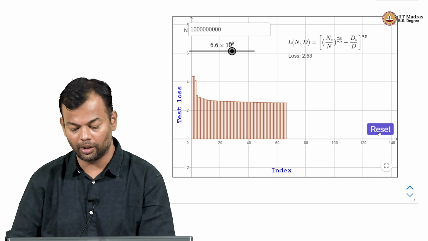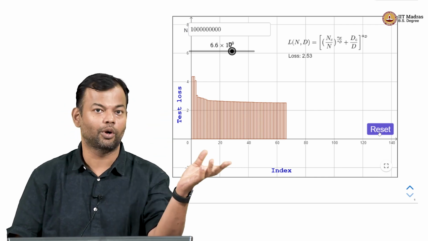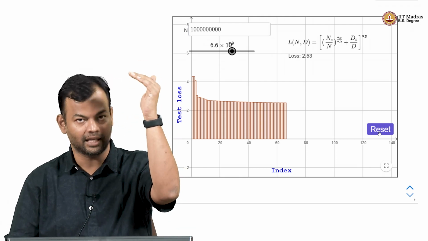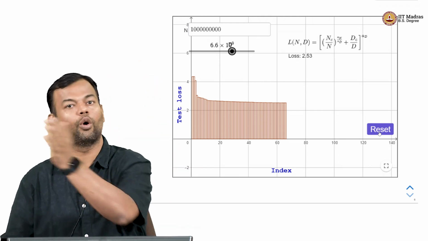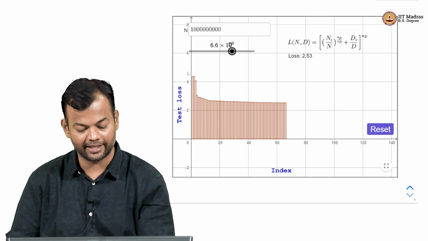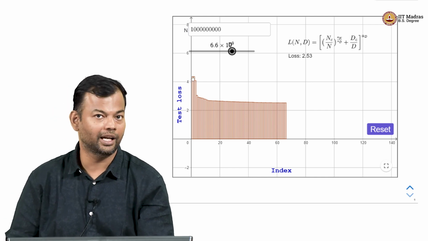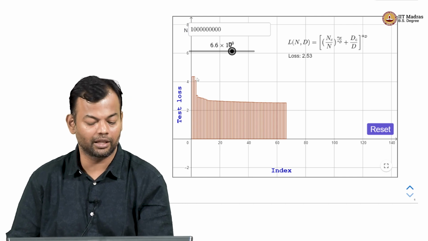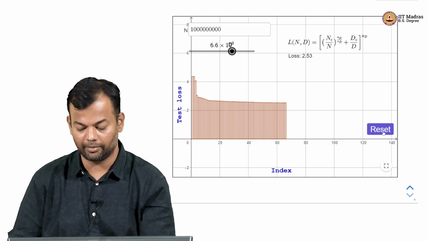So that's what happens with this model size and this data set. I can increase the model size and my loss decreases, but I have to also correspondingly increase the data size, because at the beginning, with just 10 million tokens, both the 100 million parameter and the 1 billion parameter models were at roughly the same loss.